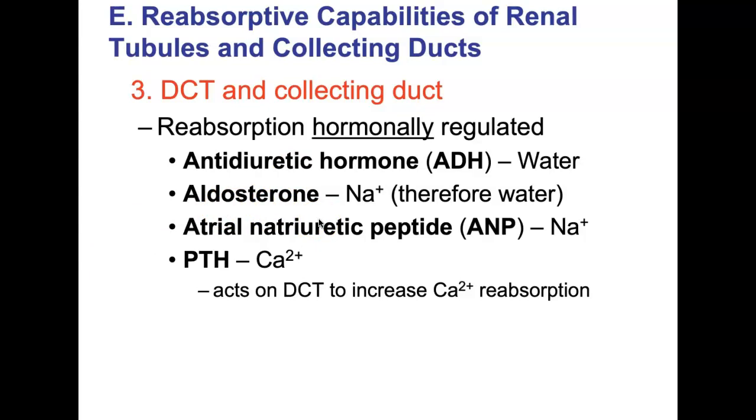Aldosterone is going to fine-tune the reabsorption of the remaining sodium. We have mentioned that when sodium is reabsorbed, water is going to follow. This is important because decreased blood volume or blood pressure, or high extracellular potassium concentration, also known as hyperkalemia, can cause the adrenal cortex to release aldosterone to the blood.